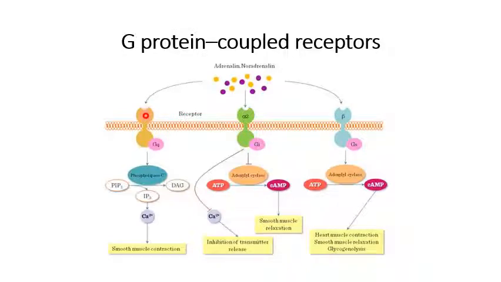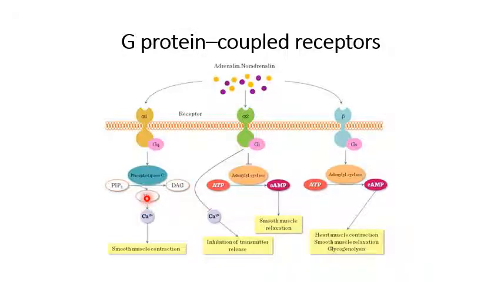When an agonist like adrenaline or noradrenaline activates the alpha-1 receptor, this subsequently will activate the GQ intracellular domain, and therefore cause the activation of phospholipase C, and this will cause the conversion of phosphatidyl inositol diphosphate to inositol triphosphate and diacylglycerol.